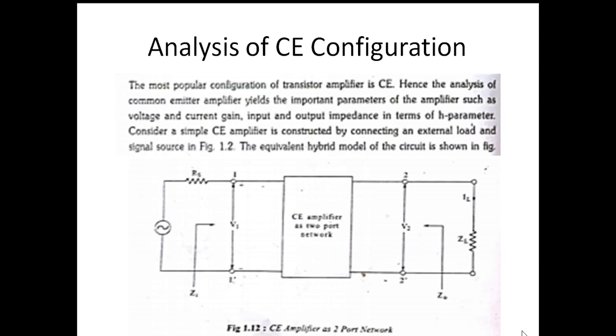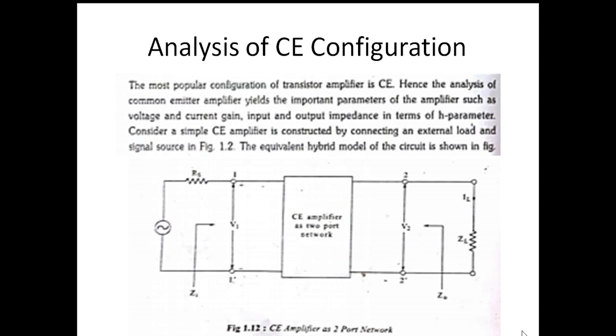That is why in the previous video lesson we have discussed the hybrid model for all the three configurations. From that we have defined the hybrid parameters for common base, common emitter as well as common collector.